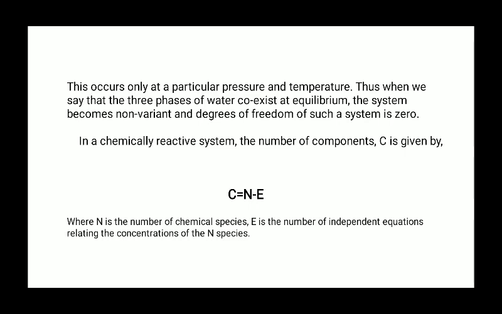In a chemically reactive system, the number of components is given as C = N − E, where N is the number of chemical species and E is the number of independent equations relating the concentrations of the N species.